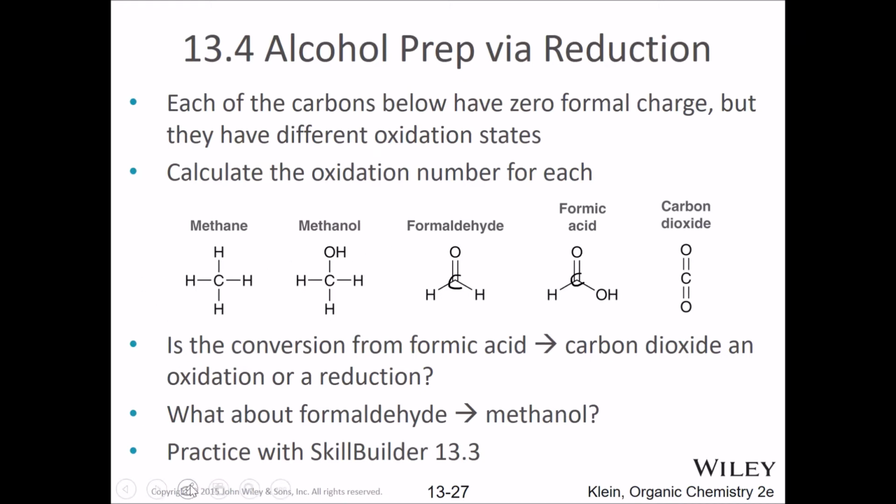So the oxidation number, let me go back to red here. The oxidation number here, it must be -4, right? Because there's 4 plus 1s. Or another way to do that, like we were doing in the previous slide, is to break all these bonds heterolytically.